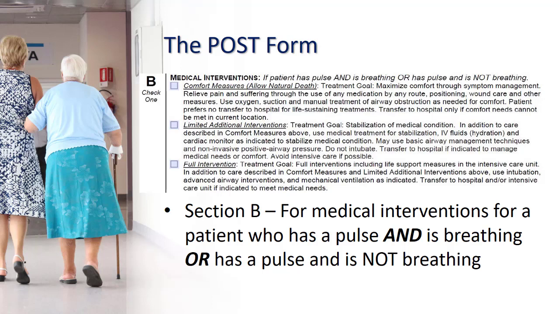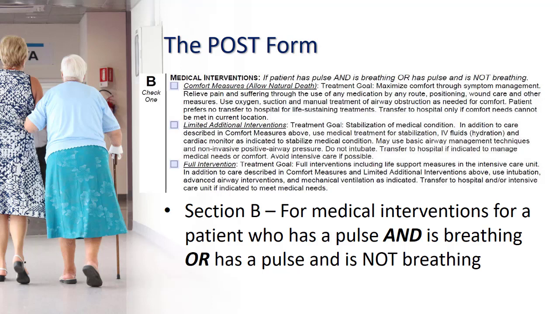Section B of the POST form tends to create most of the confusion. So I'm going to look at these backwards, as they're listed in reverse order on the POST form. Section B is for medical interventions for a patient who has a pulse and is breathing, or has a pulse and is not breathing.